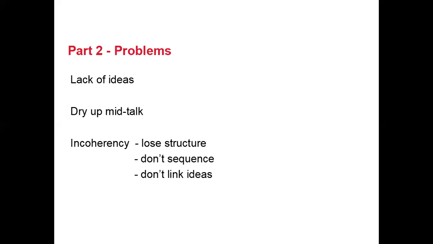Another thing is that you lose structure and don't sequence the sentences. You don't link your ideas coherently. Like, we went from there: first is the planning, and then you go there, you buy tickets, you queue up outside, you buy the popcorn. So these are the logical sequence of the trip.